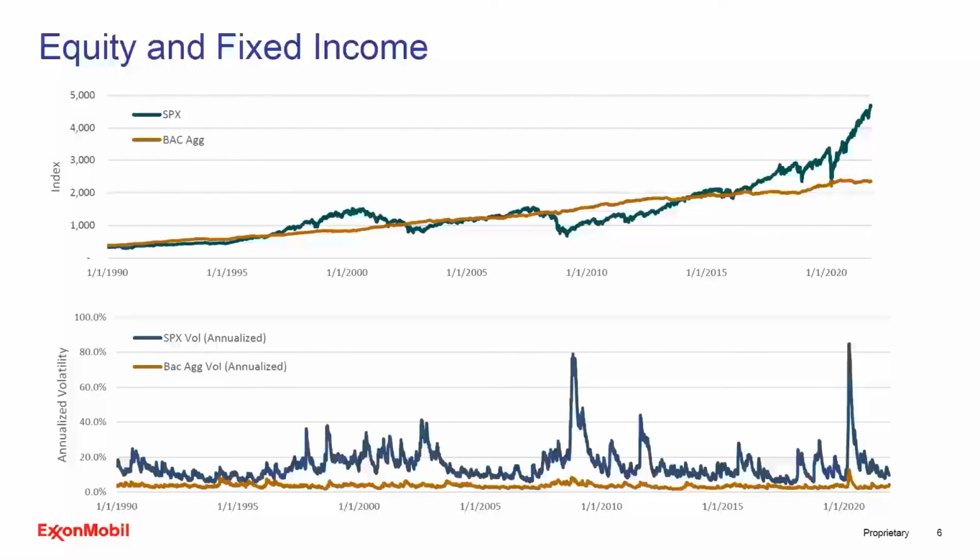This is a very general characteristic of equity and fixed income. S&P 500 vol on average is maybe 15 to 20% annualized, and fixed income is even lower. But it's very different in the commodity market.